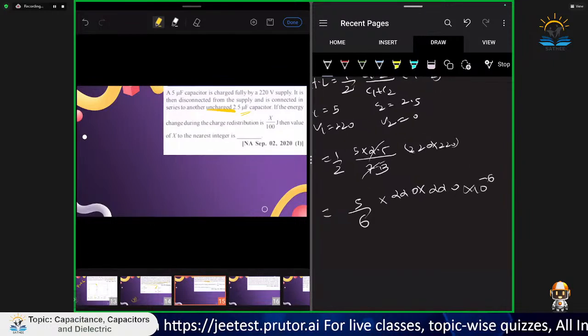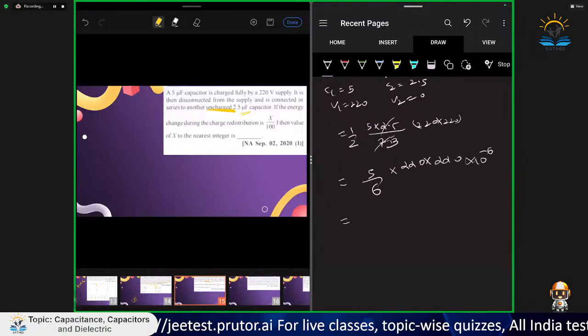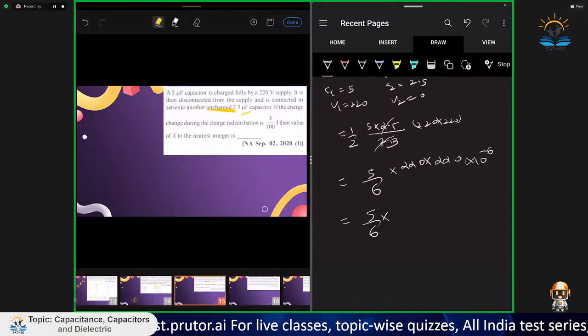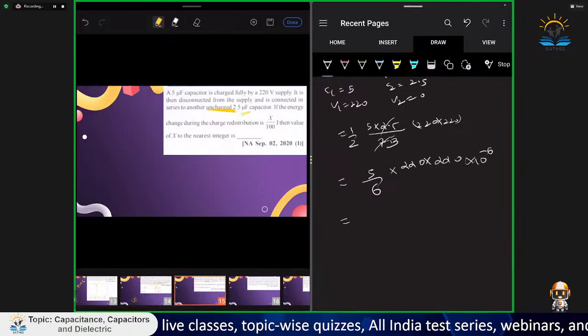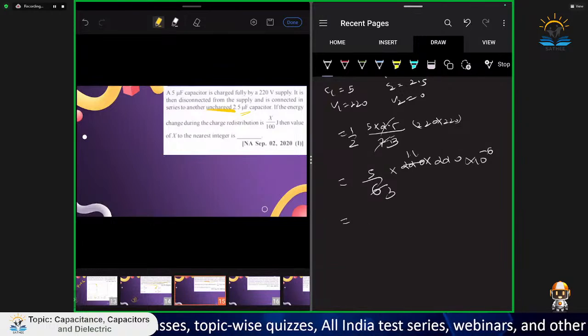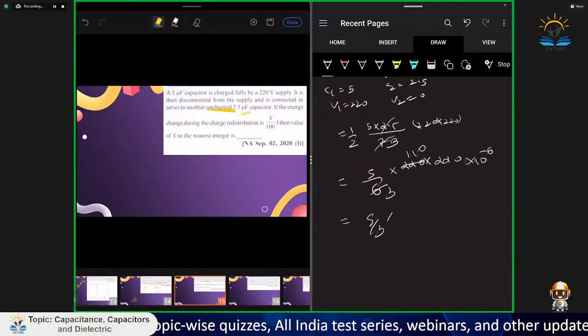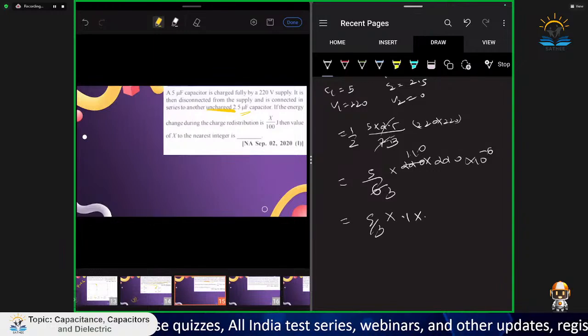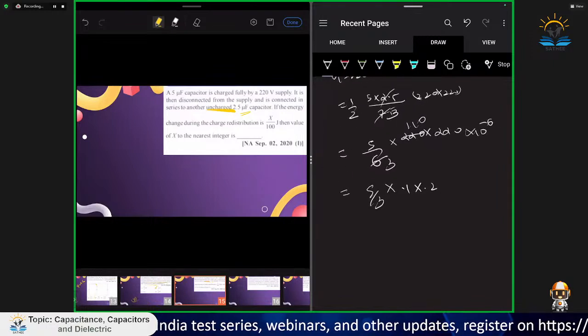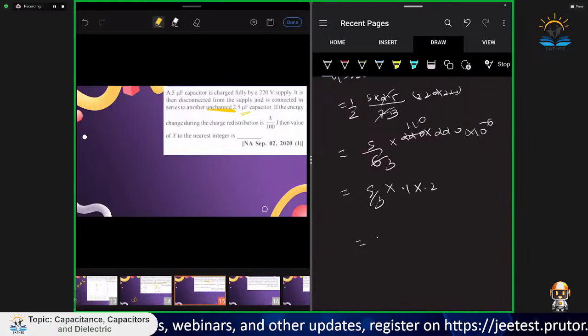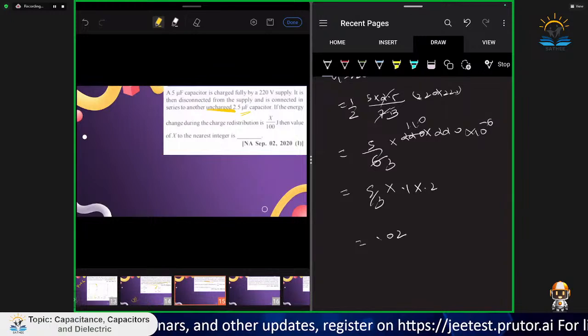Before that we can cut 6. So 5 by 3 into 0.1 into 0.2, with 10 raised to minus 6 and 10 raised to plus 6. So 0.1 into 0.2 is 0.02.